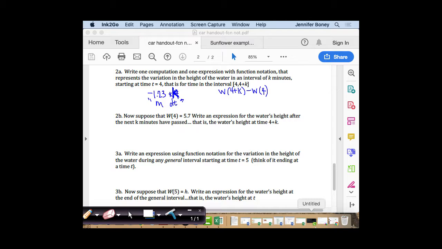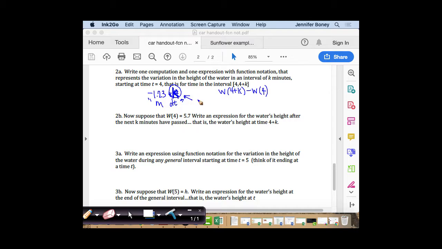Yeah. Why is it K instead of 4 plus? Oh, did I change it? No. Okay, so this goes from 4 through 4 plus K. If I go from 4 through 4 plus 7, it's 4 through 11, that would be 7 seconds. You get to subtract those. So this K here is representing this dt, the change in time, or the variation in time from the start to the end of the interval.